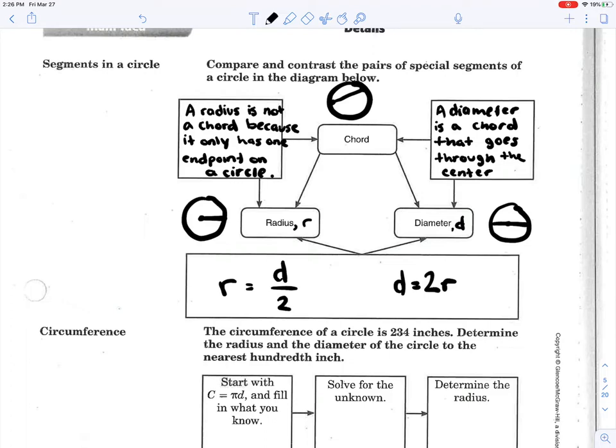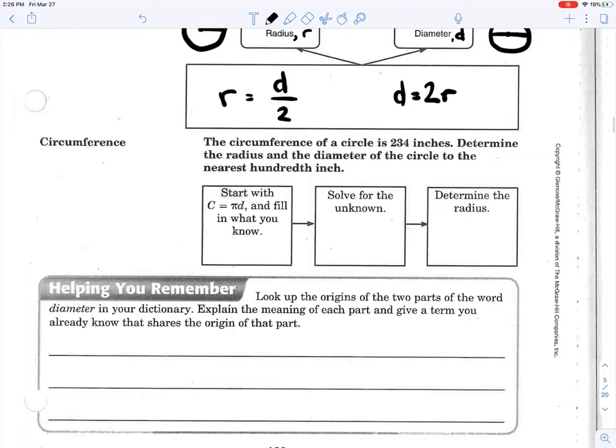So I can switch between the two using either of those formulas. So that brings us to circumference. Circumference is pi times the diameter, which means based off of this, I could also rewrite the formula as 2 pi times the radius, because I know that the diameter is made up of two of the radii.